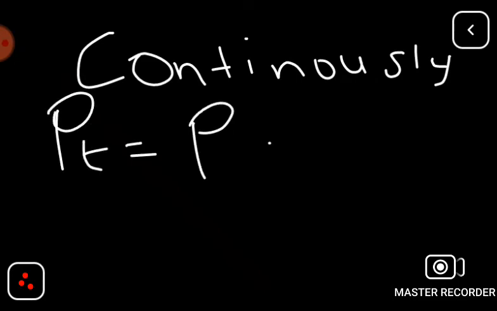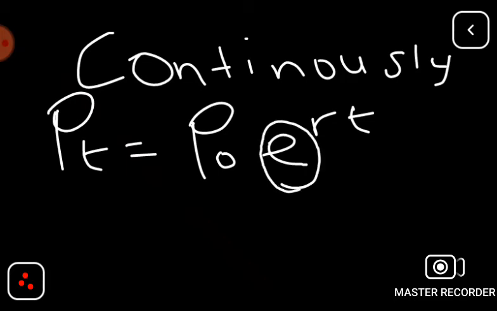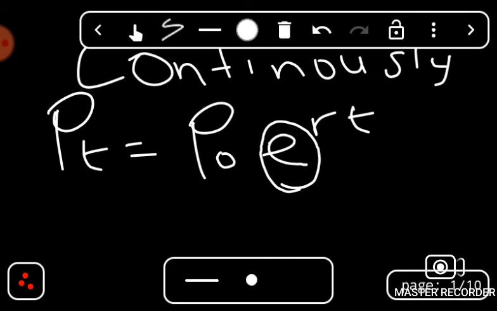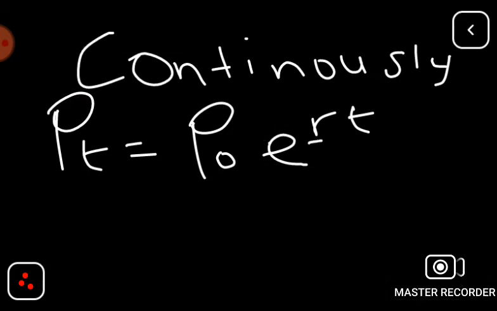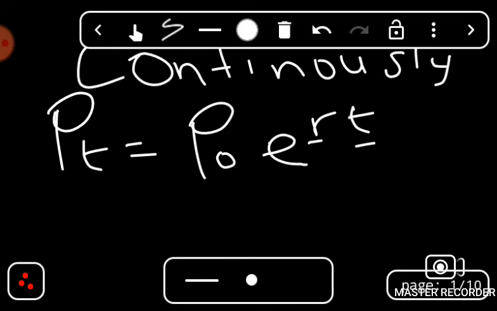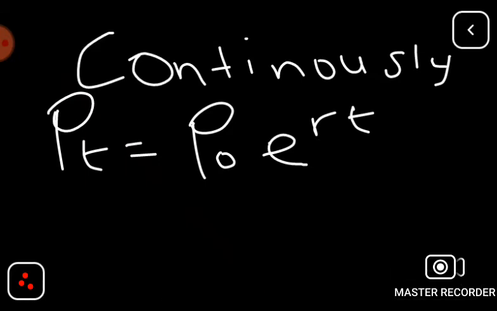We have our future value is equal to our present value, e to the power r t. This value, you have it on your calculator, don't worry about it. Then r is just the rate and t is just the time. So let's look at an example.